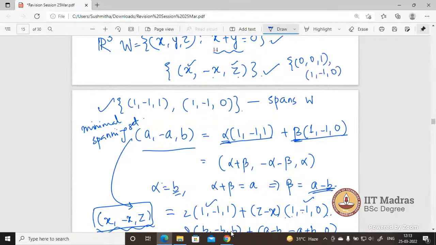This is also a spanning set, also a basis for W, right? Yes. So it has to be 0, 0, 1 and 1, minus 1, 0 to span. You can put 5 here too, it doesn't matter. Just for Z it can be anything, that's why.